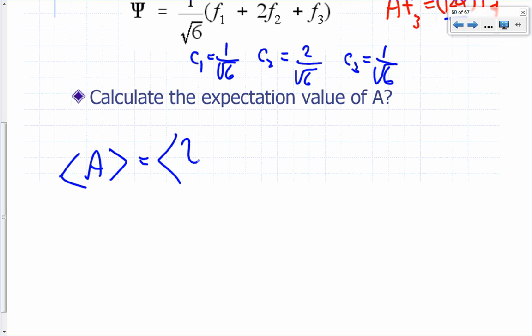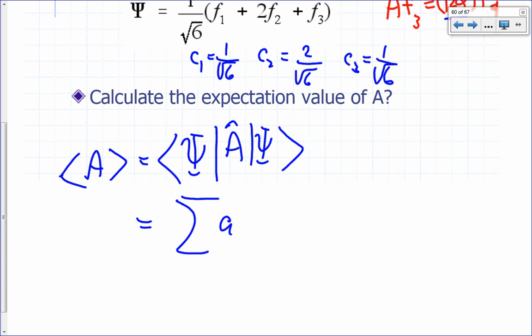It's going to be the integral of psi star A hat psi dτ, which is the sum over possible outcomes, A sub i times the probability of getting A sub i, which is c sub i squared. So what would that be?